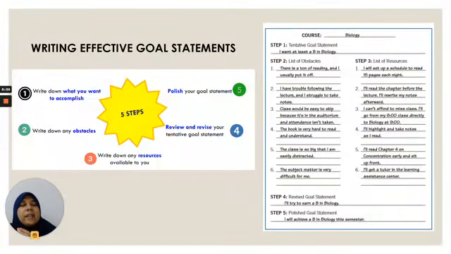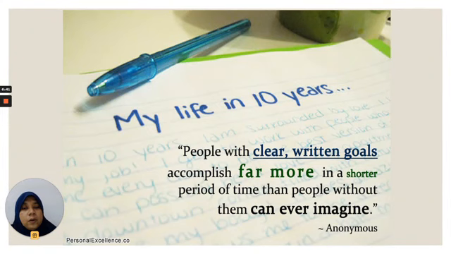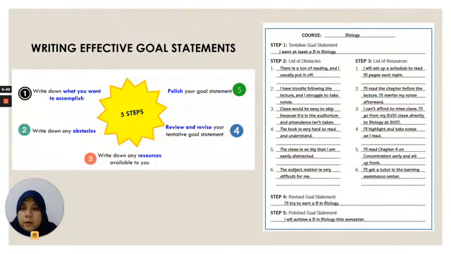So how to write the effective goal statement? As we discussed earlier, we are talking about clear and written goals here. There are 5 steps to write the effective goal statement. First, we need to write down what we want to accomplish. Second, we need to write down all the obstacles.